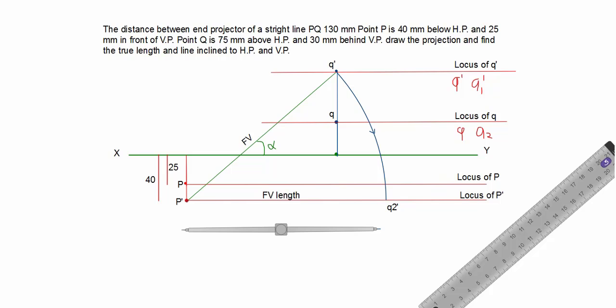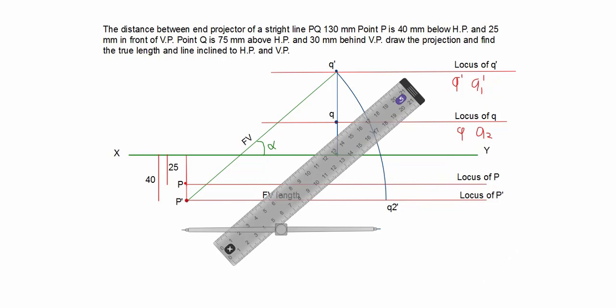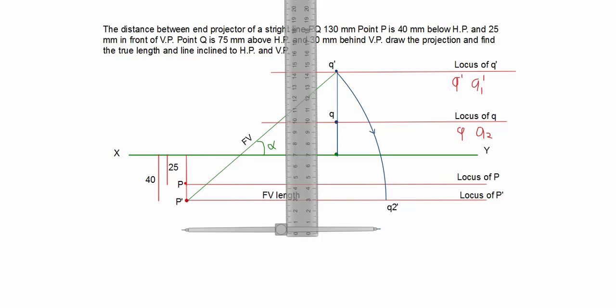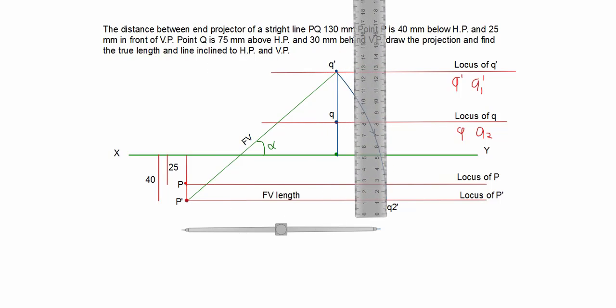So for that what we do, we draw the perpendicular line from our Q2 dash up to plan locus, because we are going to find out our plan point, the line inclined to VP.